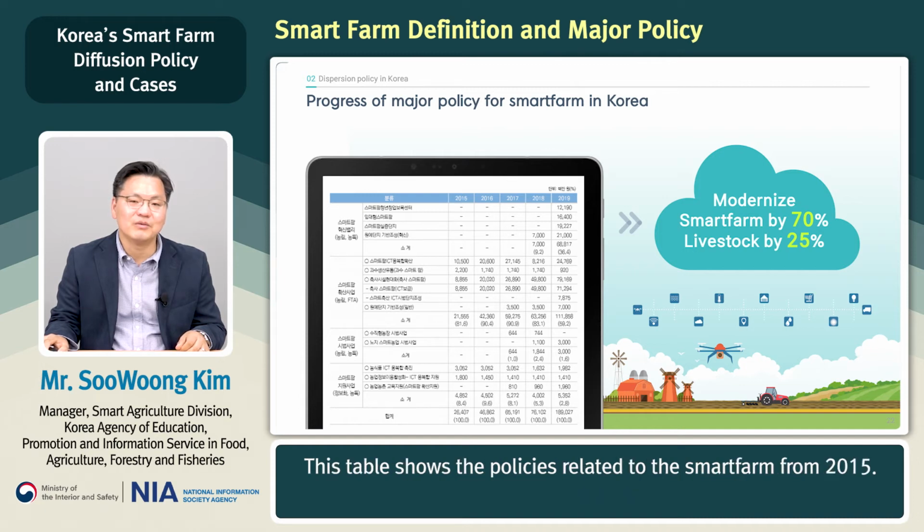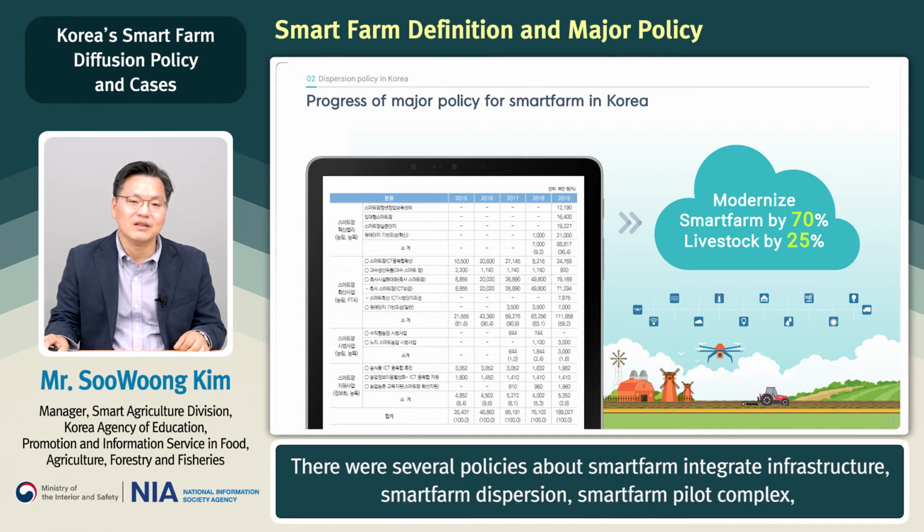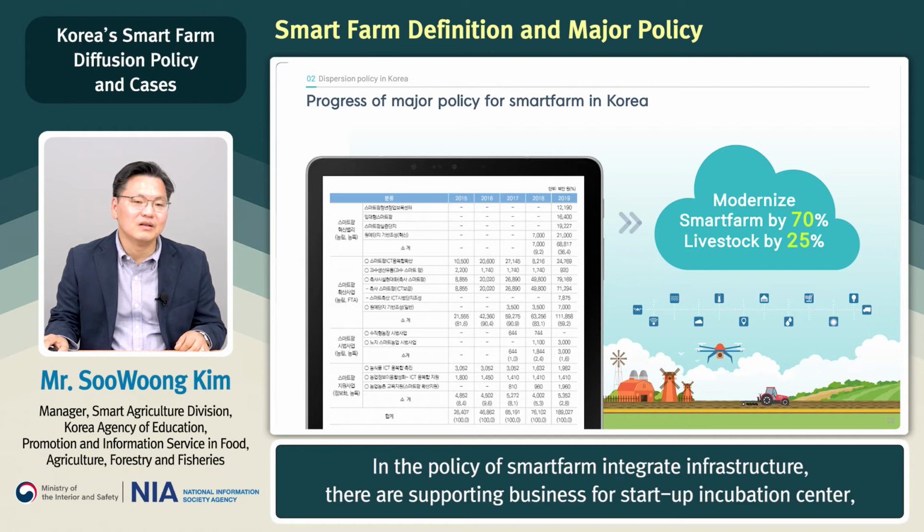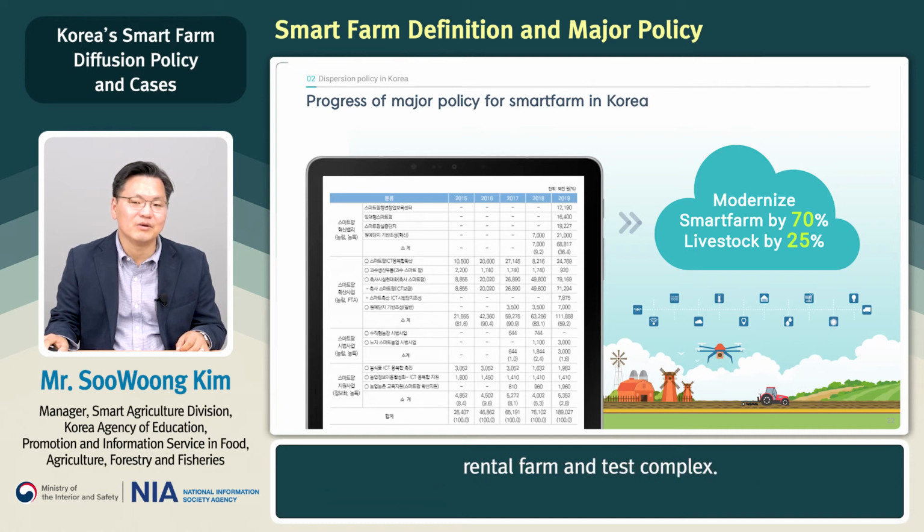This table shows the policies related to smart farm from 2015. There were several policies: smart farm integrated infrastructure, smart farm dispersion, smart farm pilot complex, and smart farm support business. In the policy of smart farm integrated infrastructure, there are supporting businesses for startup incubation centers, rental farms, and test complexes.